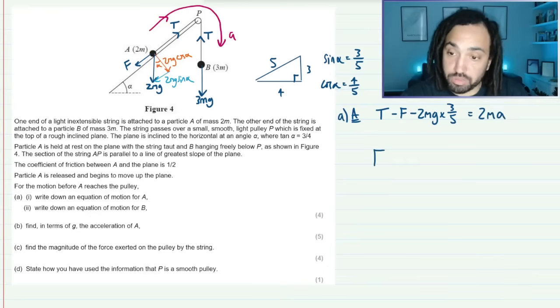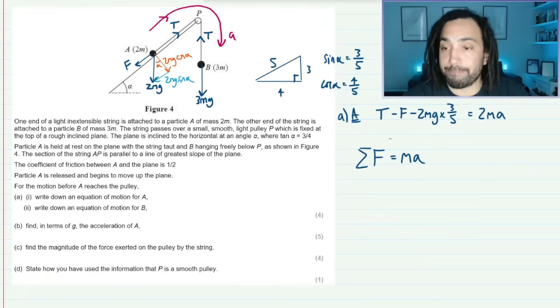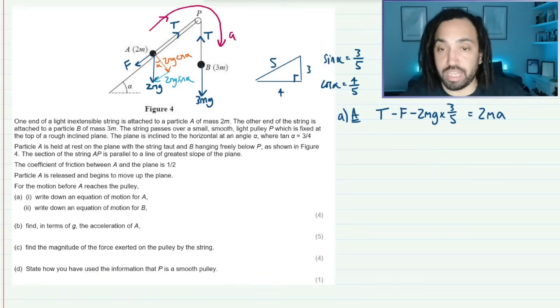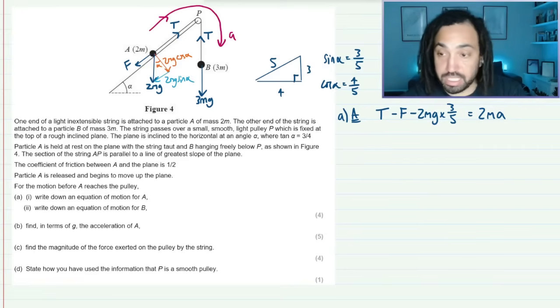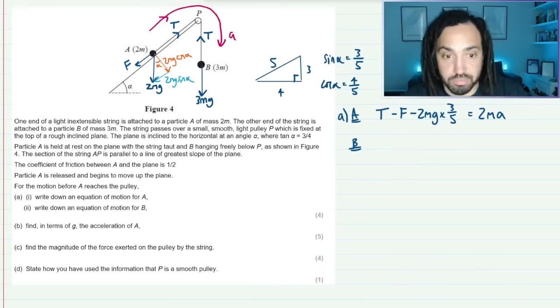So of course we're using the formula that all the forces added up, the sum of the forces, is equal to the mass times the acceleration. The best formula ever. That is exactly what it says on the tin. That is a formula, an equation of motion. I could simplify it, but I haven't been asked to, so I'm not going to bother.